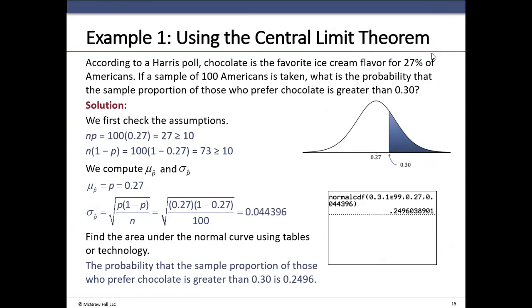My mean, which I have already calculated, is 0.27. My standard deviation is 0.044396. Then I go down to Paste, hit enter, and the answer is 0.2496. So the probability that the sample proportion of those who prefer chocolate is greater than 0.3 is almost a quarter, 0.25.